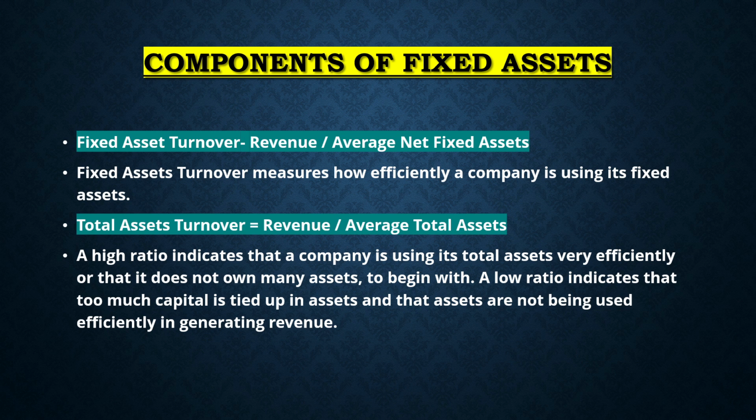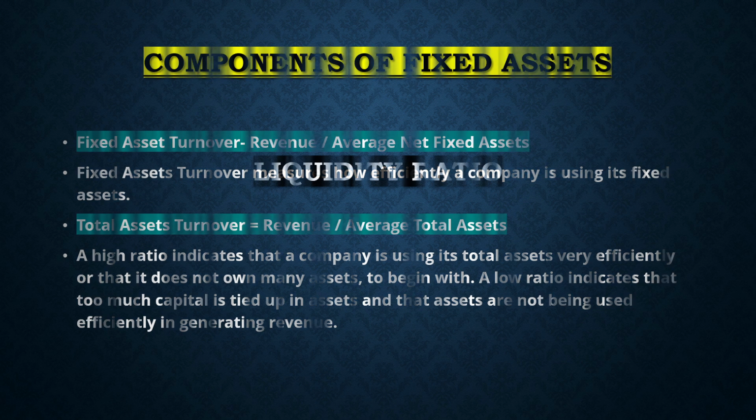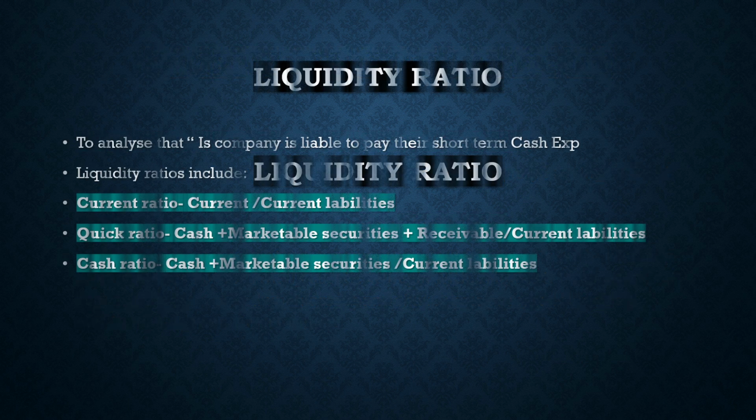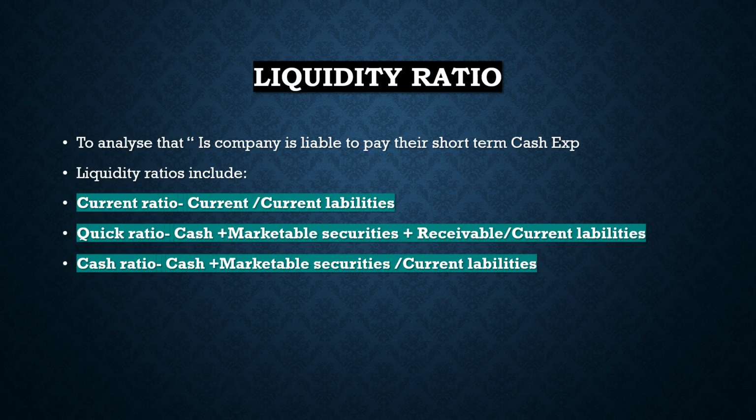A low ratio indicates that too much capital is tied up in assets and that assets are not being used efficiently in generating revenue. Liquidity ratio. Liquidity ratio is used to analyze whether the company is able to pay its short-term cash expenses or not. These ratios include the current ratio, quick ratio, and cash ratio.